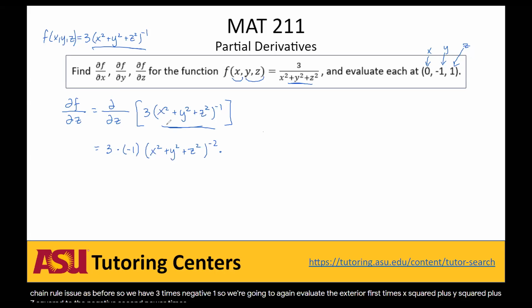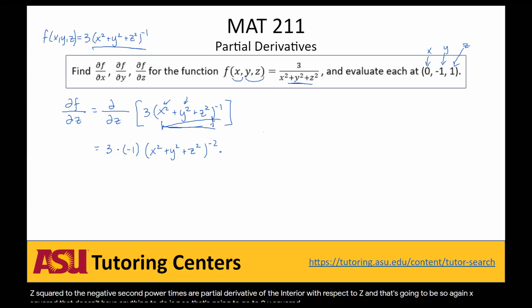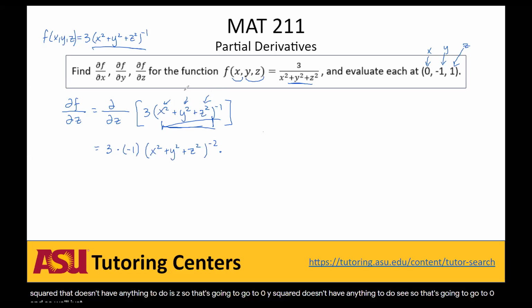Times our partial derivative of the interior with respect to z. And that's going to be, so again, x squared, that doesn't have anything to do with z, so that's going to go to 0. Y squared doesn't have anything to do with z, so that's going to go to 0. And so we'll just be evaluating our partial with respect to z of z squared. So that would be 2z.